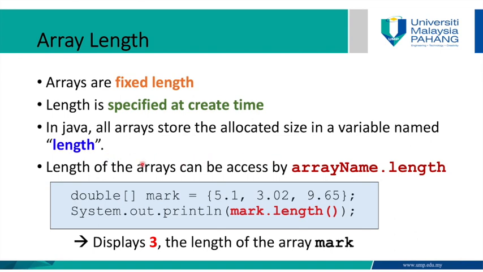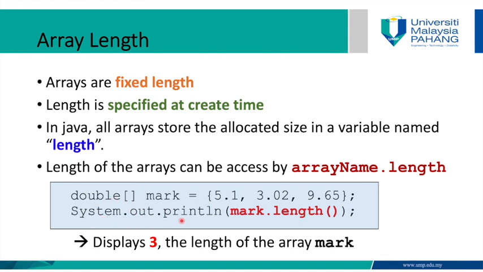So the length of the array can be accessed by writing the array name dot length. For example, if you have a program, some code, and you want to know the size of the array in that code, this is how you can do it.